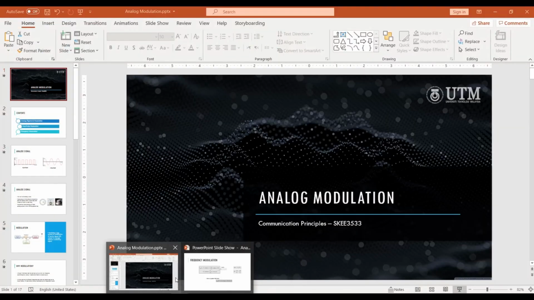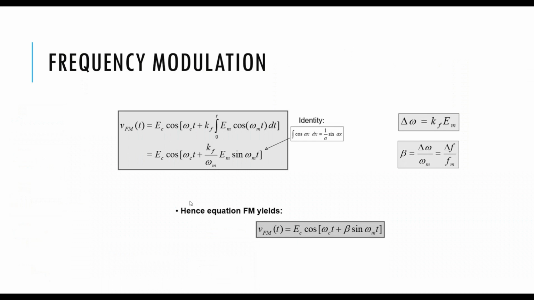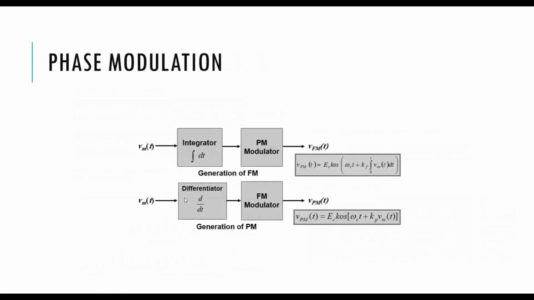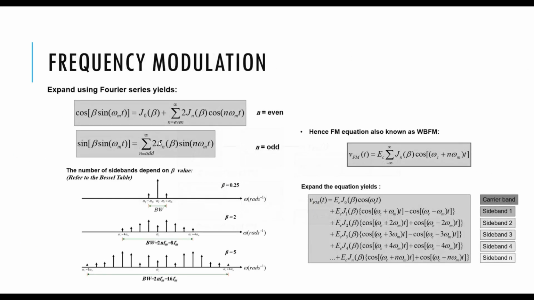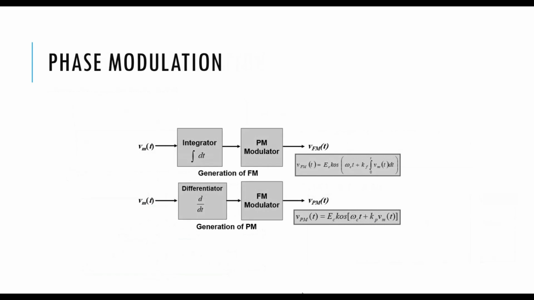One last thing to discuss is phase modulation. To be honest, phase modulation is almost similar to frequency modulation. Both of them are angle modulation, and at the end of the day, you will end up modulating the angle part of our signal here.